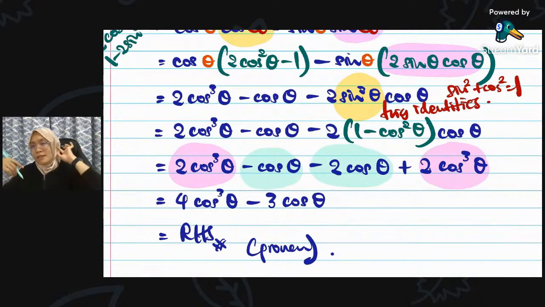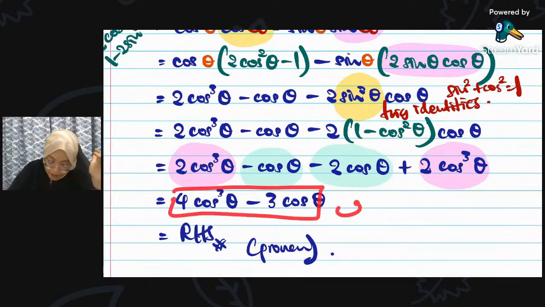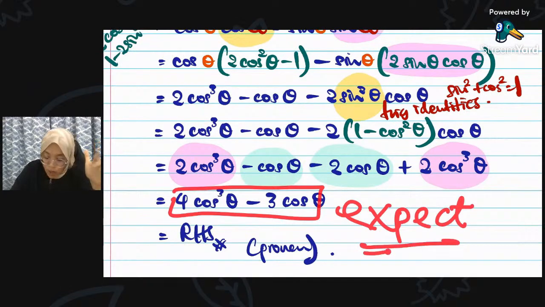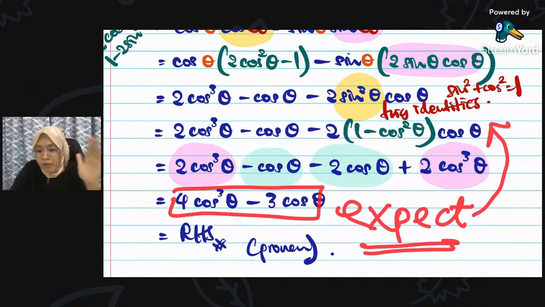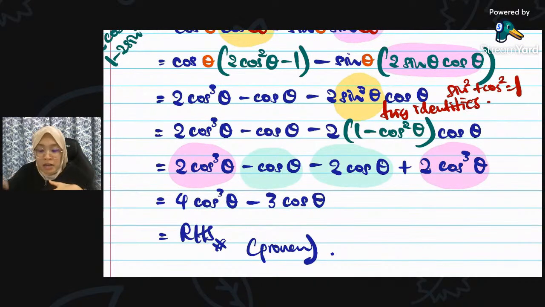Jadi proving ni, tips dia bukanlah tadi-tadi tu je. There's a lot of tips and the best of the tips I think is to expect. We gotta expect what are we going to get, and so it helps us in choosing the correct formula. That's the word. If we do some expectation and we always check what's the answer, kita akan boleh tahu oh formula apa yang patut digunakan, instead of you are like trying error in a smart way instead of in a random way.